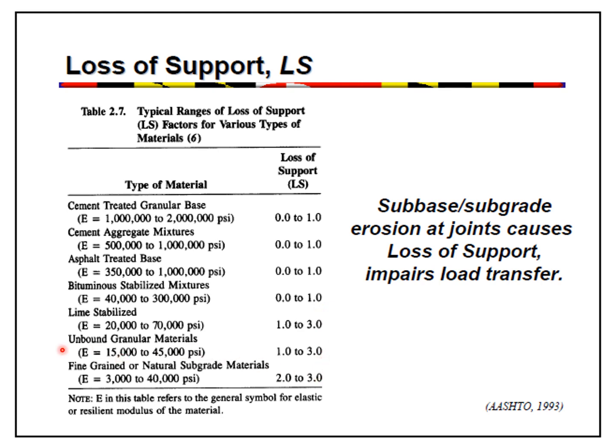When we are using unbound granular material, the E value is from 15,000 to 45,000 psi and the loss of support is from 1 to 3. Likewise, for the other cases we have these different ranges. One important thing mentioned over here is that subbase or subgrade erosion at joints causes loss of support and impairs load transfer. Impairs means weakens load transfer.